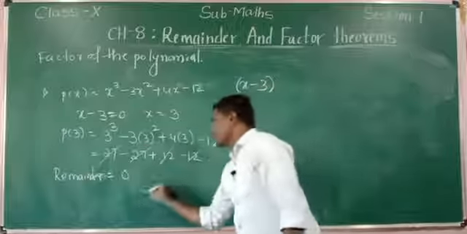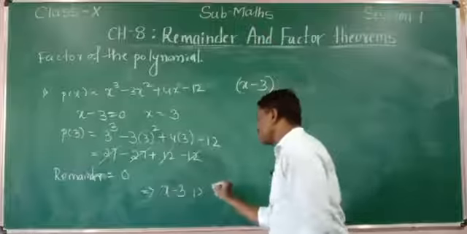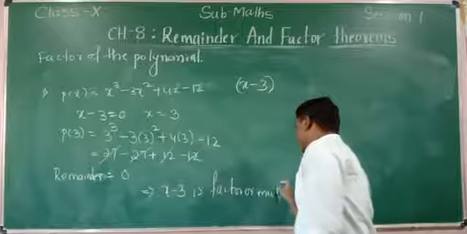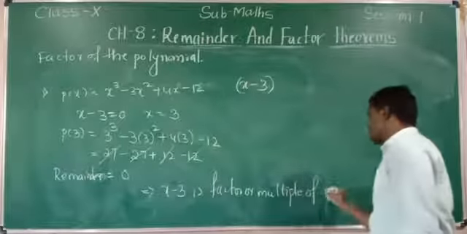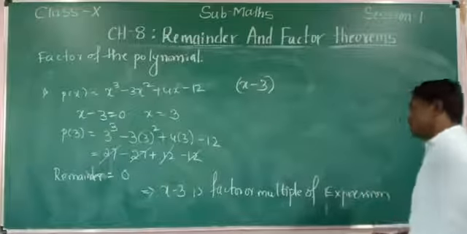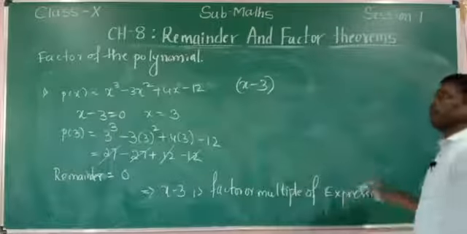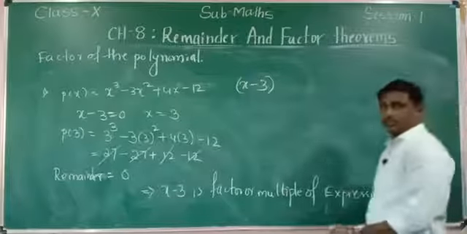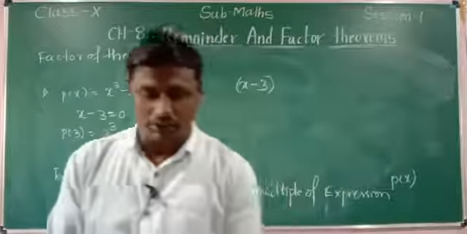So hence here x minus 3 is a factor or multiple of the expression; we simply say x minus 3 is a factor or multiple of p of x. Okay, see the next question.